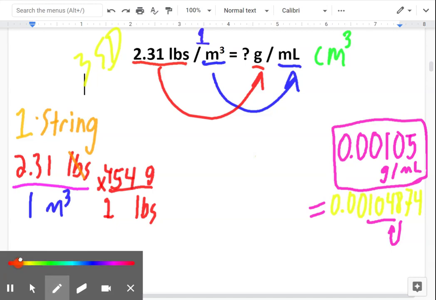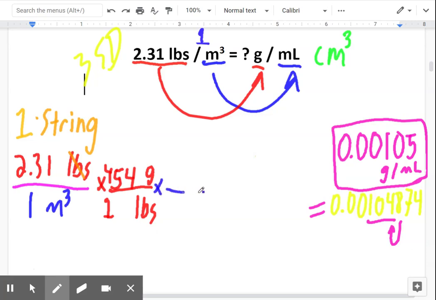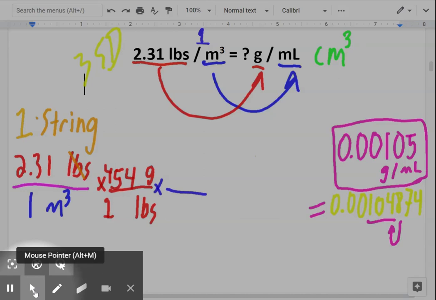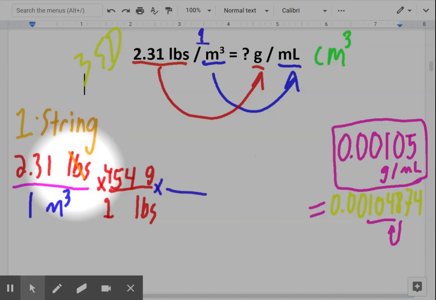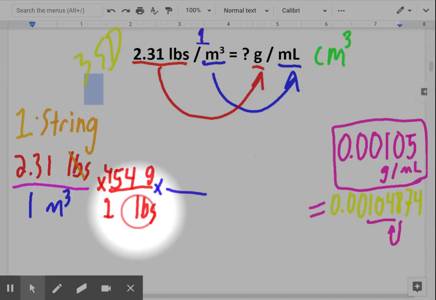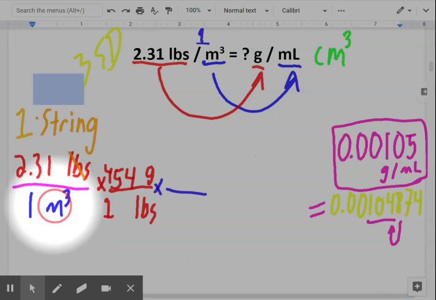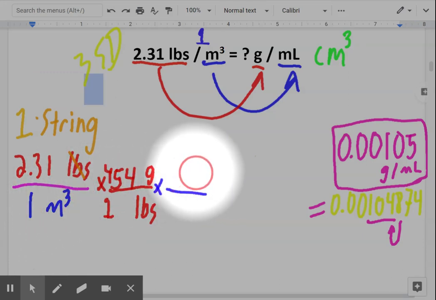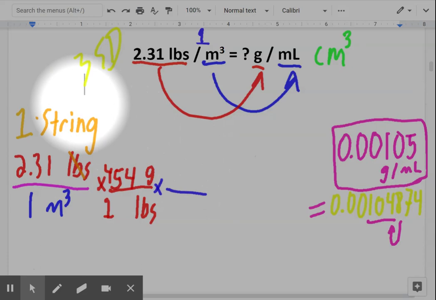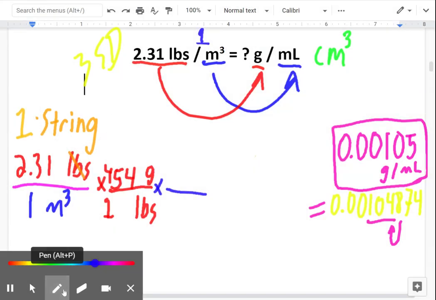The new thing for 1-string is to cancel out the next piece. Instead of dragging down, I'm going to pull up. So instead of taking my unit down, like I've been doing, I'm going to be pulling my unit up. This way it will still cancel. So I'm going to take my meters and drag it up.